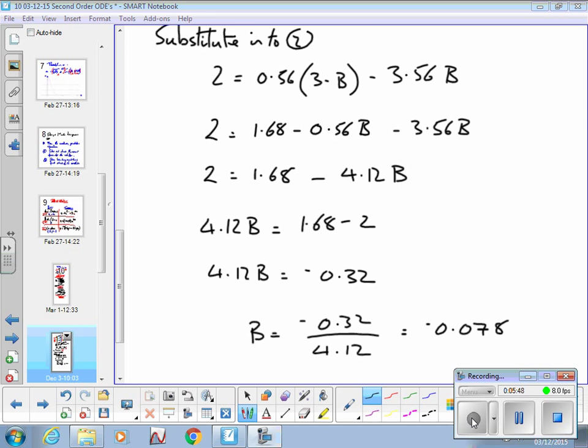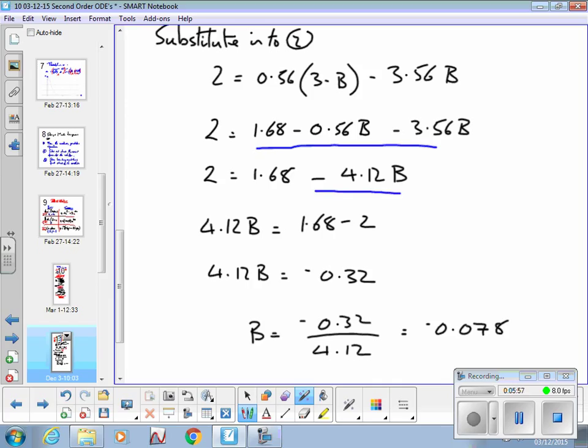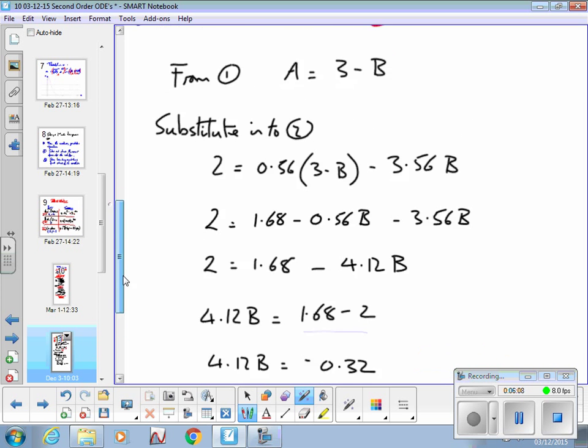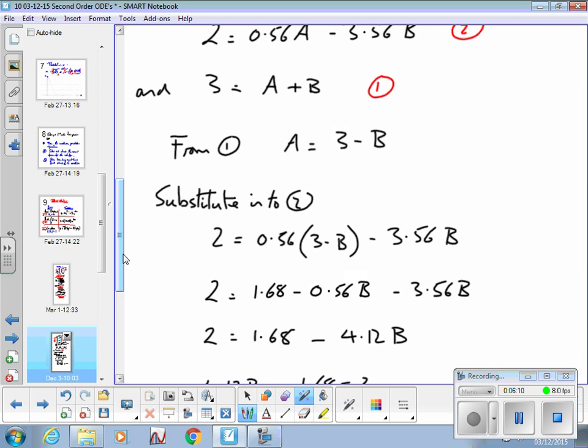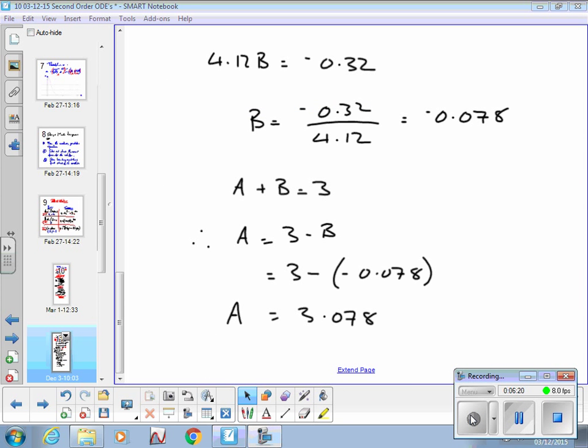So there's the working. Multiplying out the brackets, we get this. Collecting like terms, we get this for the b's, and then putting b over to the left and taking the numbers over to the right, we get b equals that. So that's b, and then we can substitute b back into, I suggest, the first equation, number 1, to find out what a is. So we can find a now, can't we? And we get that for a, 3.078.